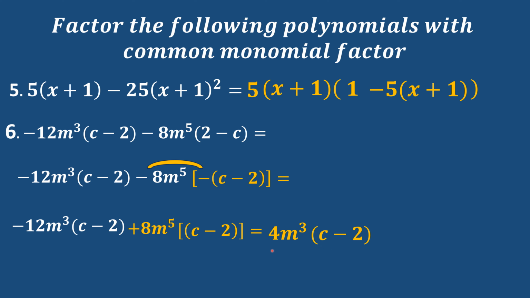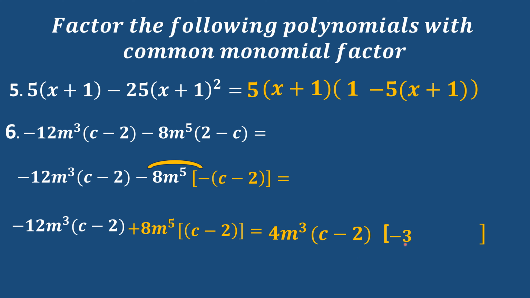So our common monomial factor is 4m cubed times the quantity of c minus 2, which is to be multiplied to the other factor. Negative 12m cubed times the quantity of c minus 2 divided by this entire common monomial factor, 4m cubed c minus 2, will give us negative 3.